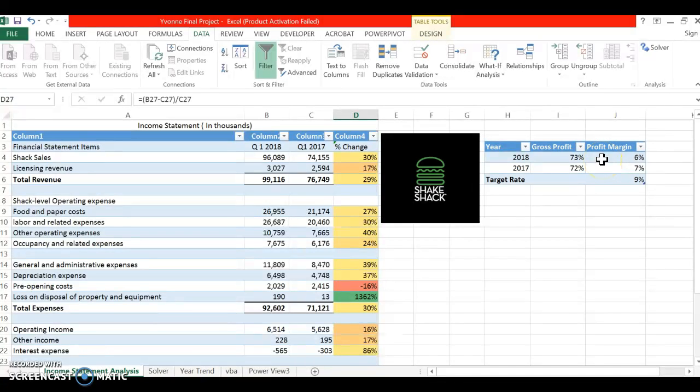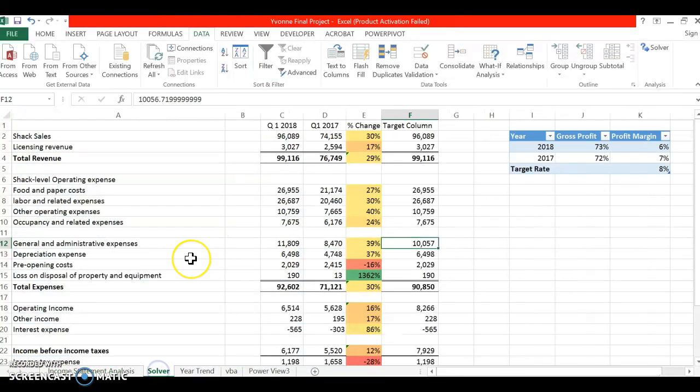Profit margin measures the profitability of the firm to see how it has managed its expenses. So we can see the profit margin for the first quarter 2017 was 7%. However, the number dropped to 6% in 2018. And now let's move to our solver tab to do a solver analysis.